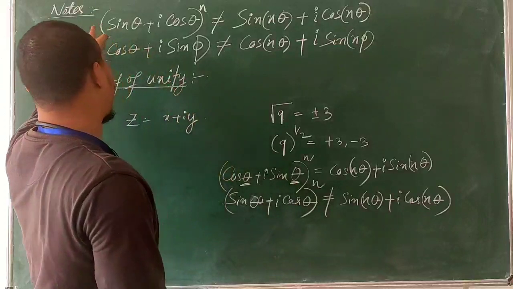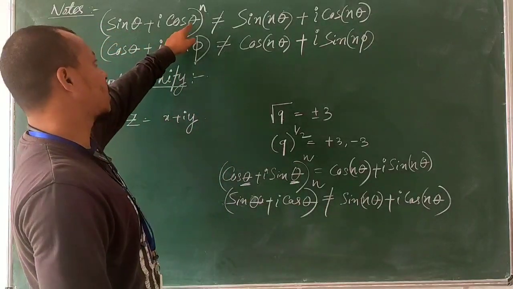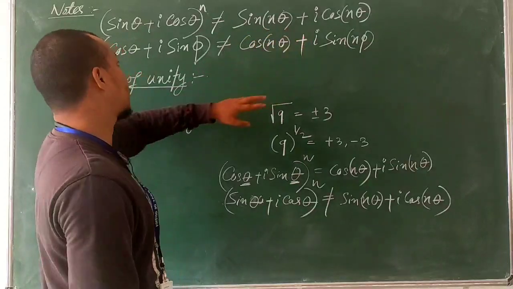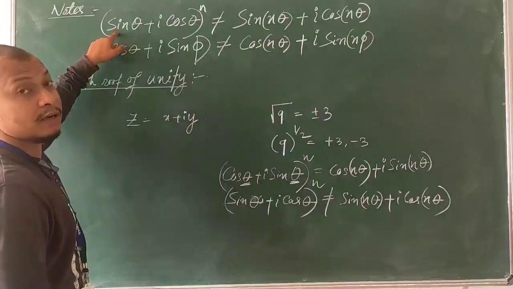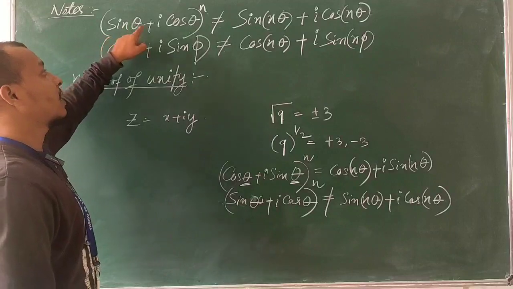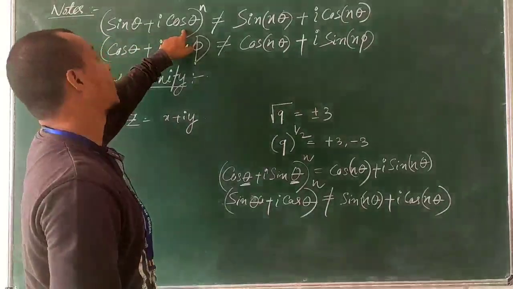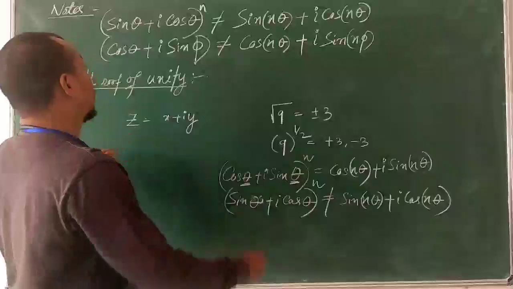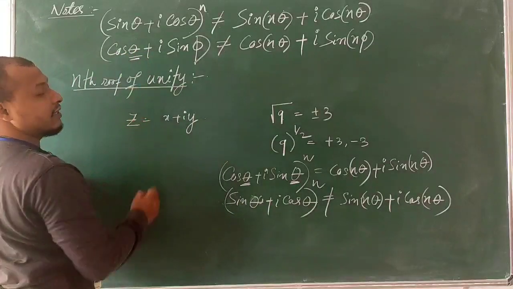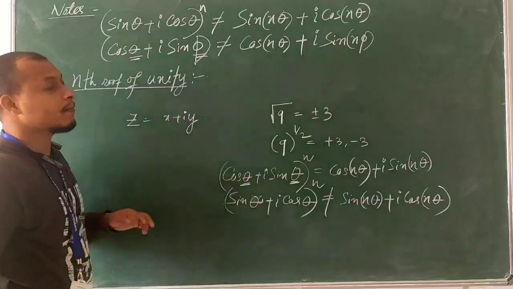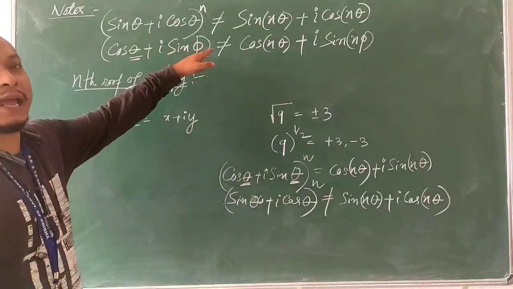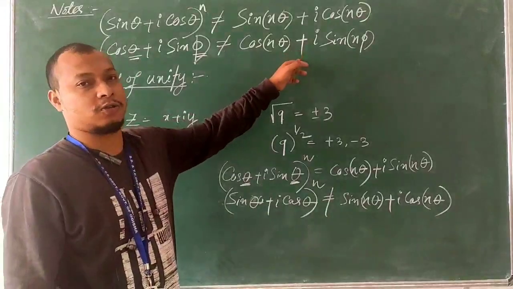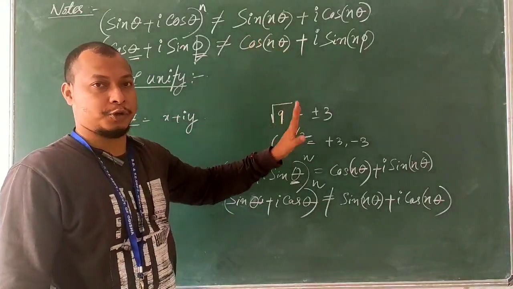So sin theta plus i cos theta to the power n is not equal to sin n theta plus i cos n theta, because here the real part is sin theta and the imaginary part is cos theta. Because these are two different angles, we cannot apply de Moivre's theorem here also. I believe you have understood this one.